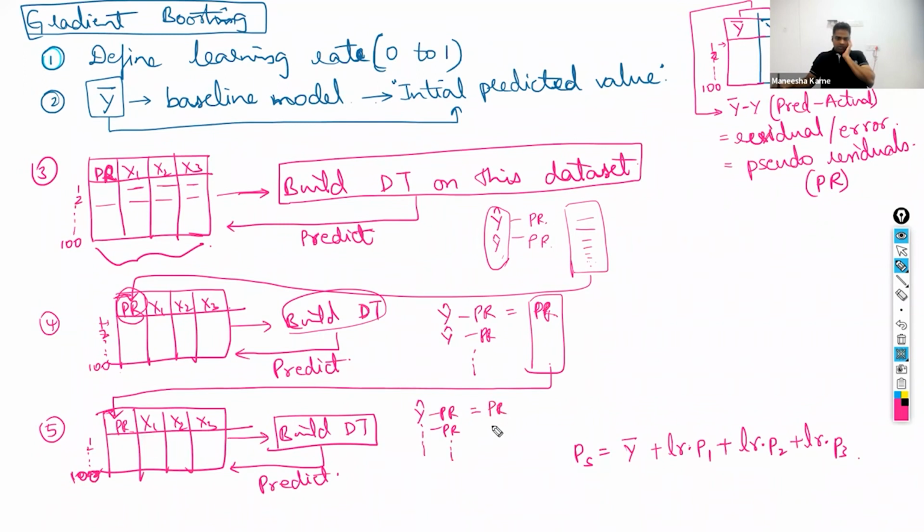Again, you get pseudo residuals. Again, for the next iteration, take these pseudo residuals as output, take these inputs, again build the model, predict. Keep continuing to do that for as many iterations as possible. Number of estimators. How many ever estimators you want? Run it 100 times, 200 times, 300 times, 400, whatever your wish.